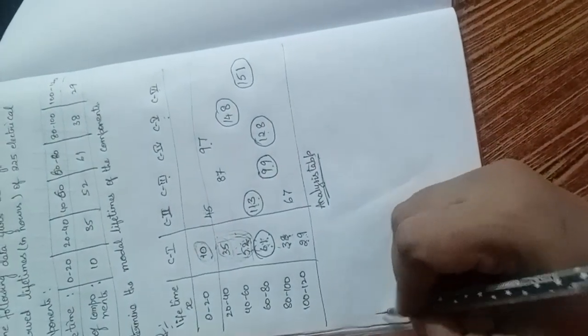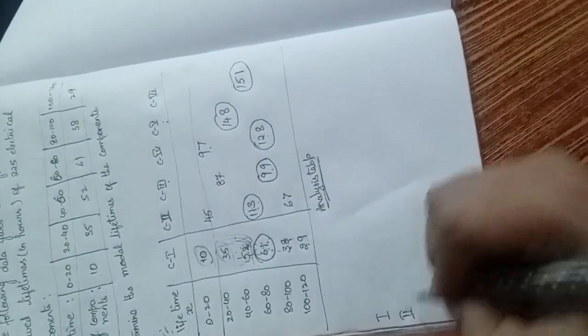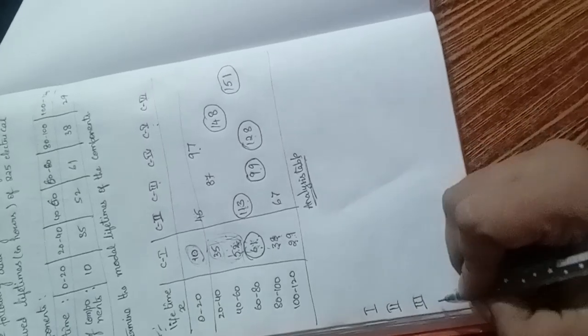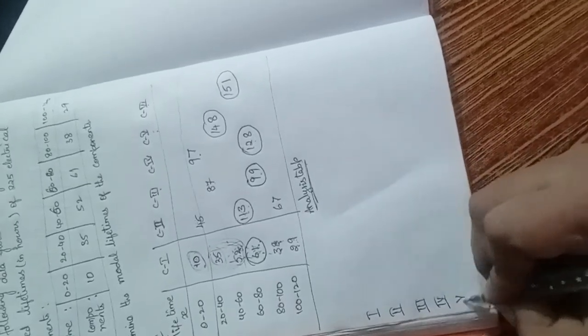So here on the left side we'll write the columns: first column, second column, third column, fourth, fifth and sixth.